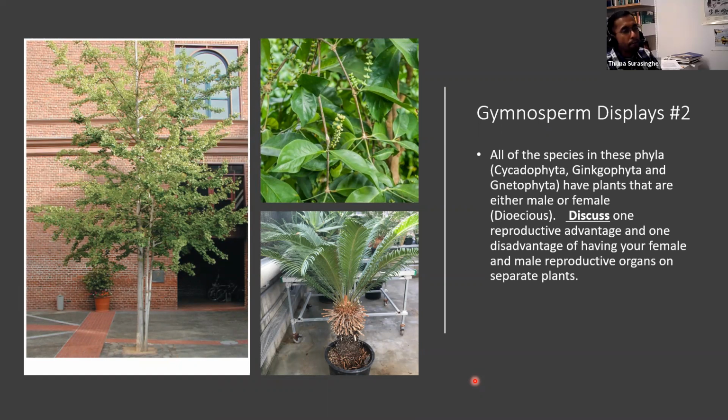Yeah, because you have to find another plant, right? And if it is wind pollinated, you have to find another plant of the opposite sex. Yeah, the probability or the chance of fertilization happening is now lower. That's not incorrect. That's a good point. Yeah, those are two good points.